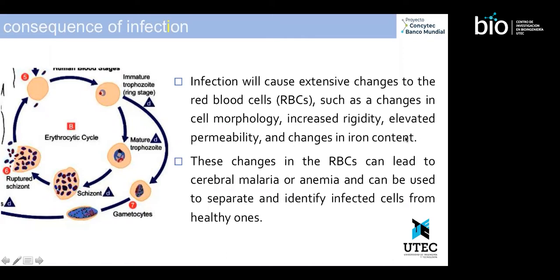And if the iron content becomes lower, the electric resistance of the cell will also become higher, and therefore we can see the changes. The diseases you can get are cerebral malaria or anemia, and this can be used to separate and identify infected cells from healthy ones.